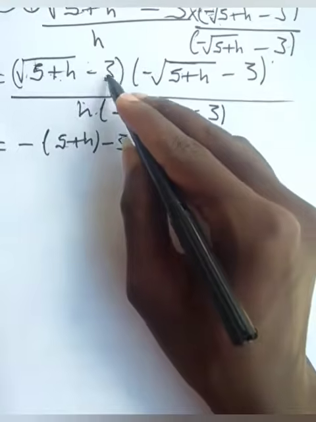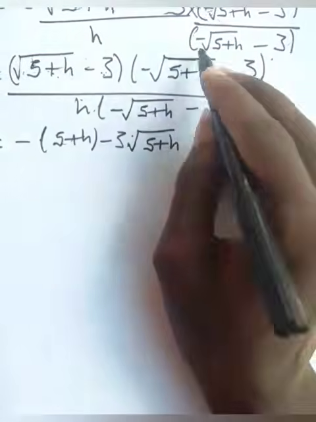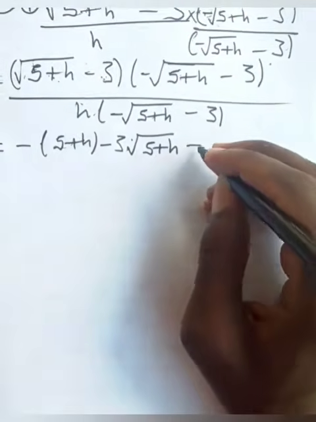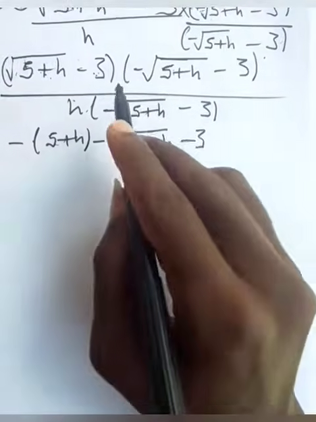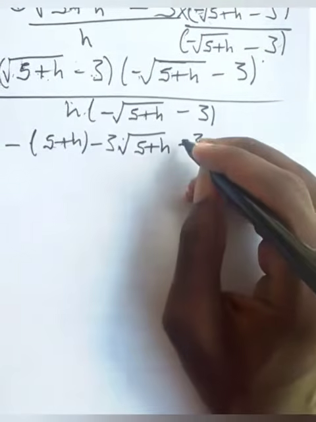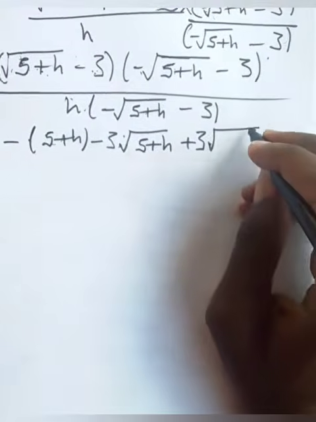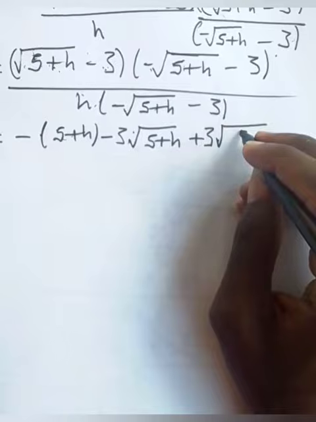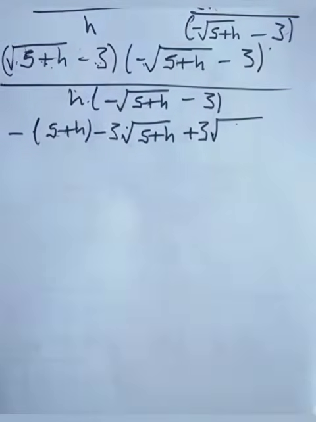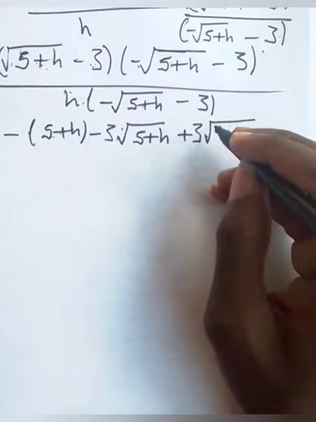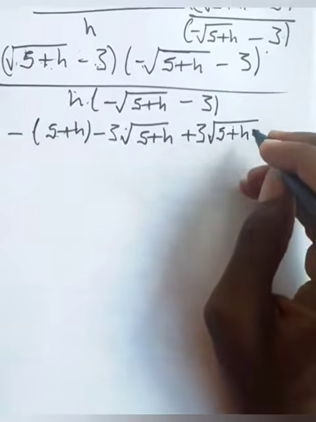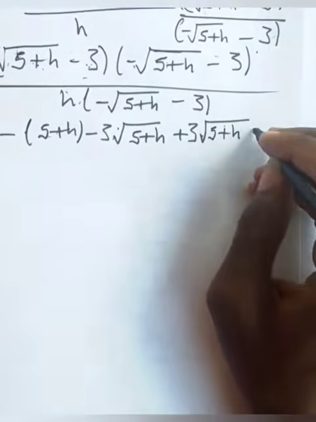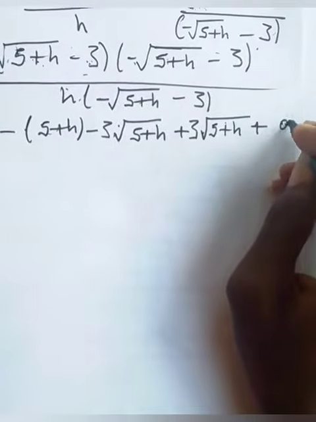Then negative 3 times this, the signs cancel, so we have positive, and that times that gives plus 9.